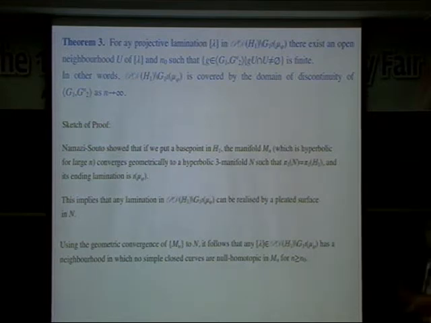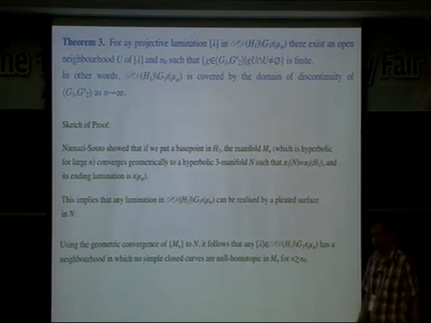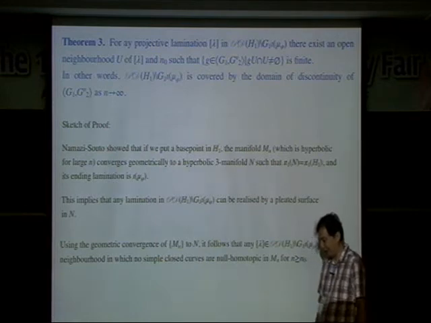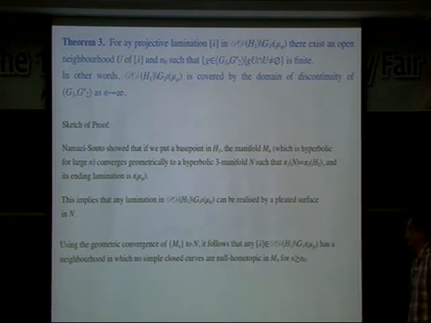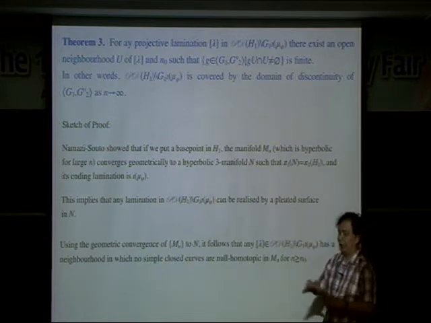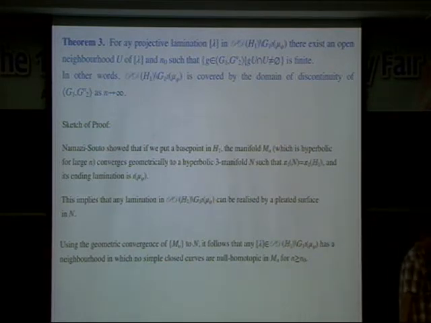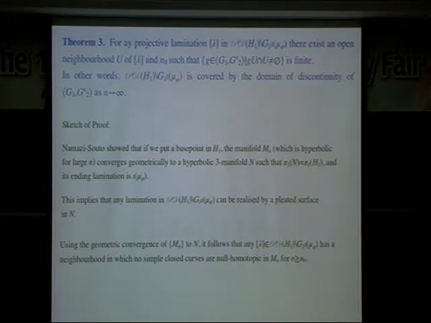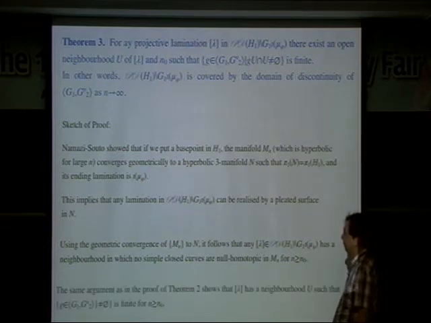Well, they're using the kind of approximation of the manifold by geometric limit. You can show that any lamination has a neighborhood containing the domain of discontinuity, or in which no curves are homotopic. Okay.